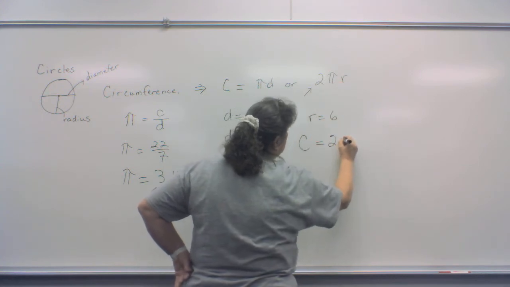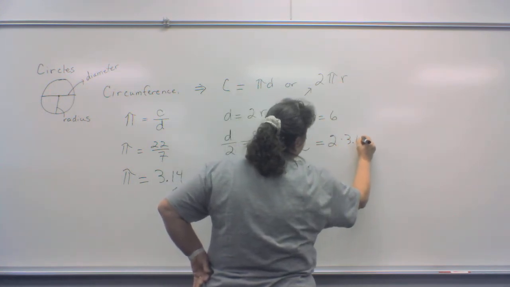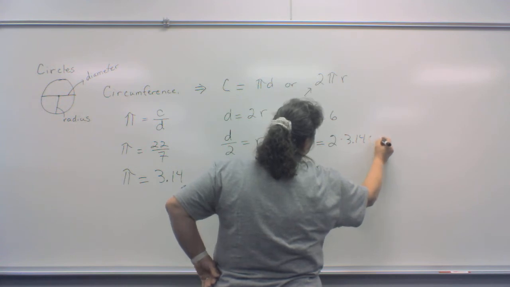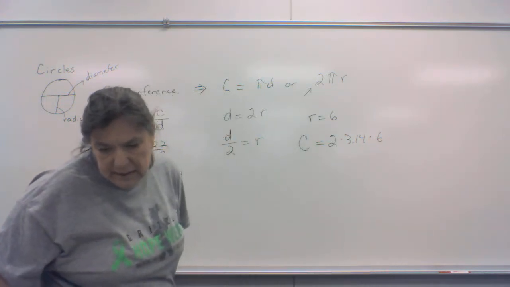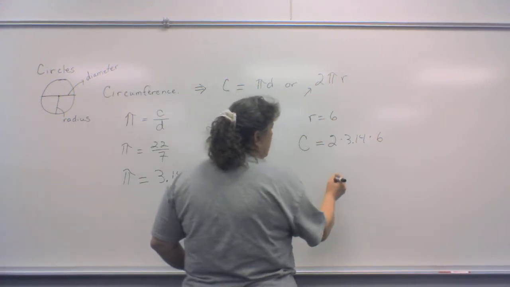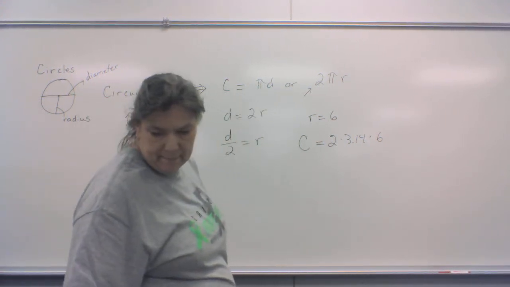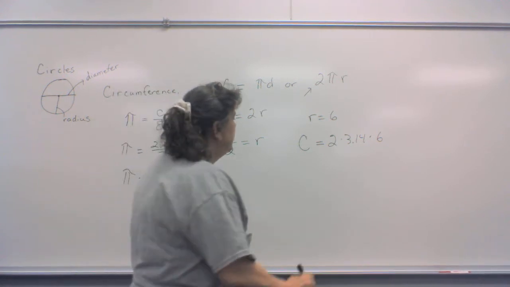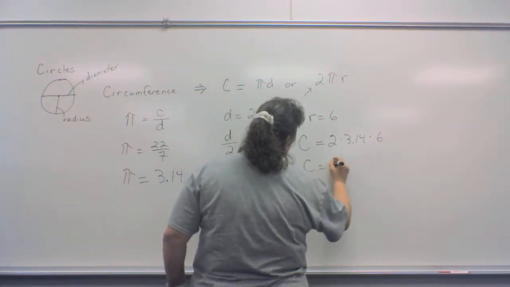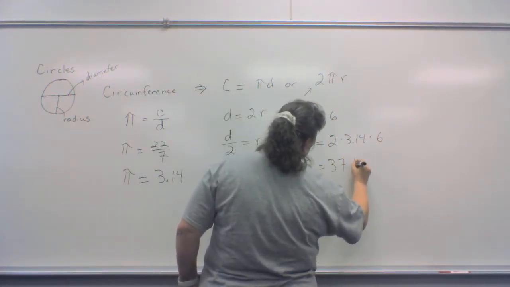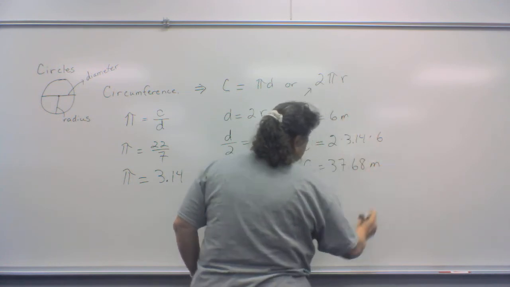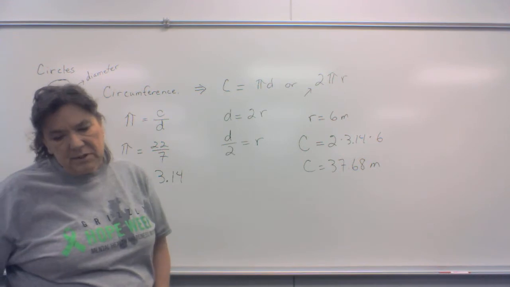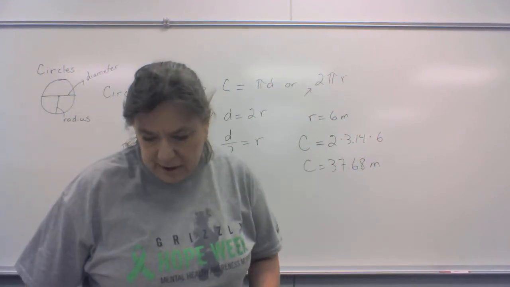So 2 times 3.14 times 6, and that's going to give me an answer of 37.68, and let's say that was 6 meters, so it's meters. And again, you'll have to have labels on these and tell what the unit of measure is.